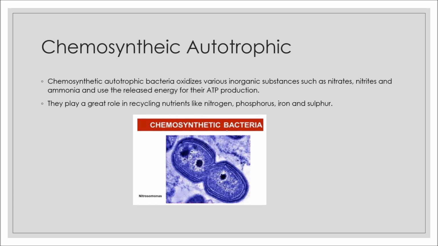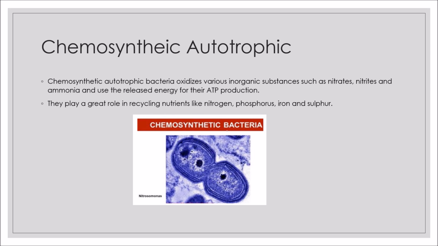So we were talking about two types of bacteria, photosynthetic autotrophic and chemosynthetic autotrophic. For chemosynthetic autotrophic, what these bacteria do is they oxidize various inorganic substances. They remove oxygen particles from substances like nitrates, nitrites, and ammonia, and use the released energy for ATP production.